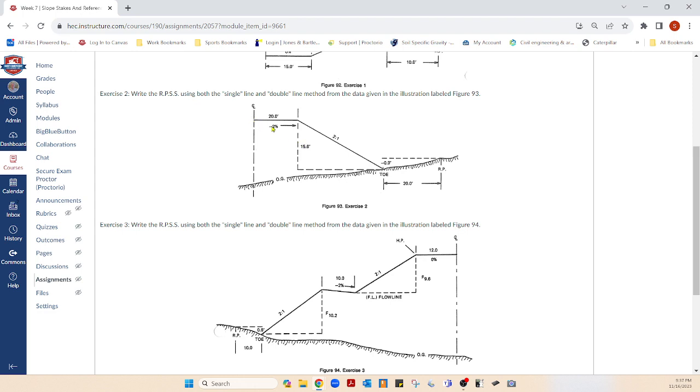Now this is calling for a minus 2% fall from here to here, and it's over 20 feet, so that's going to be 4/10, one way or the other. Let's see if I can do that. 0.02 times 20 is 0.4.